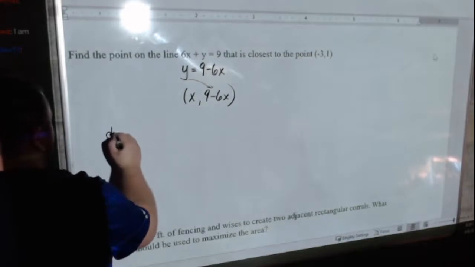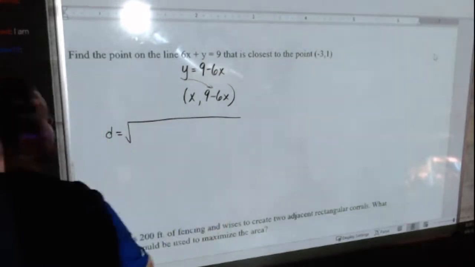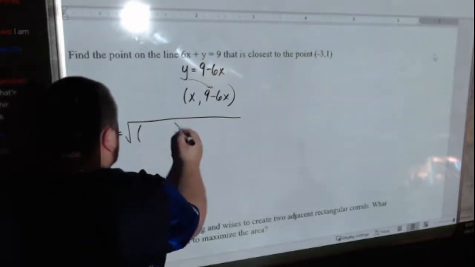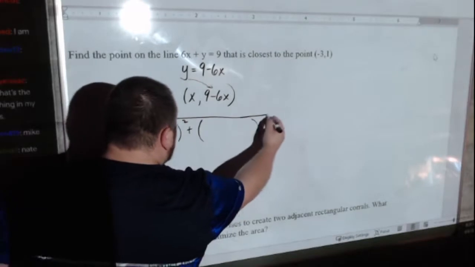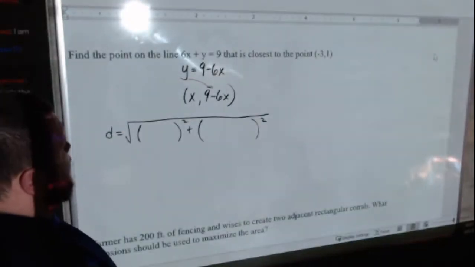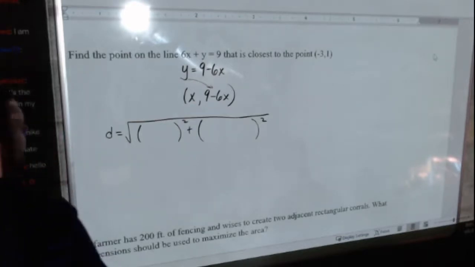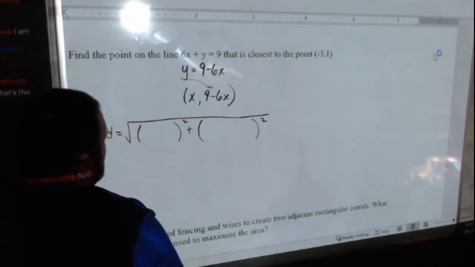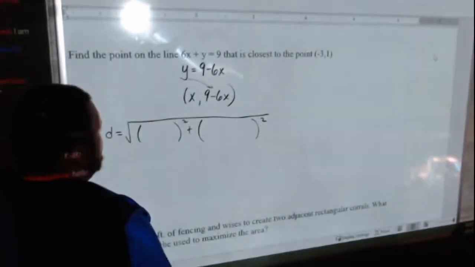Again, the distance formula is square root. And it's up to you which one you put first. So I'm going to go ahead and put that point first, I guess.